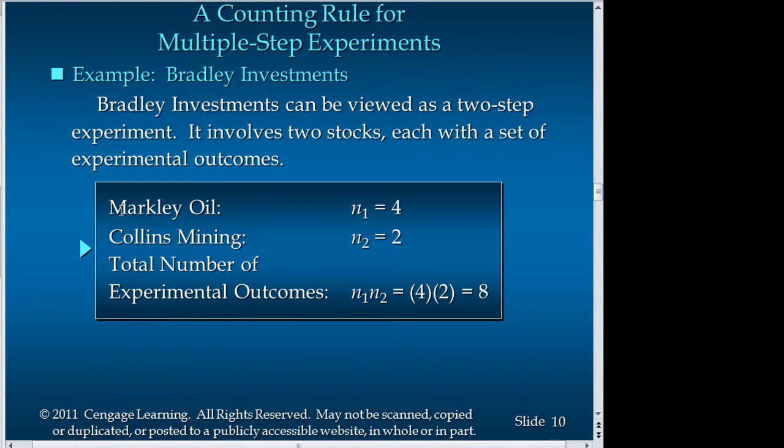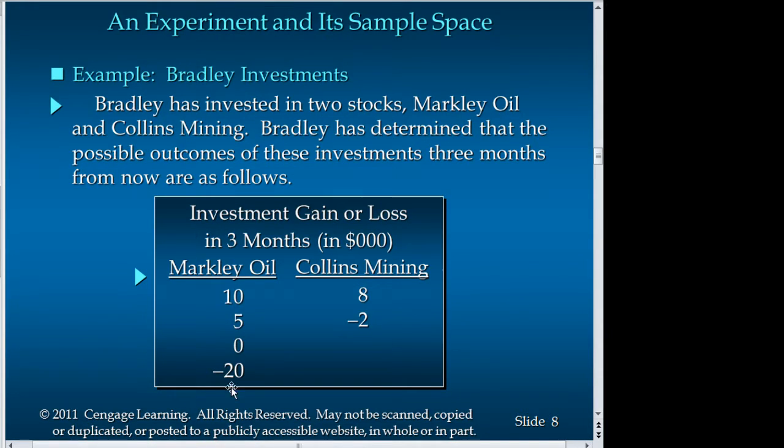For this investment case, Markley Oil has N1, which means there are 4 different cases. Why is it 4? Well, there's 1, 2, 3, 4 different cases for this oil.